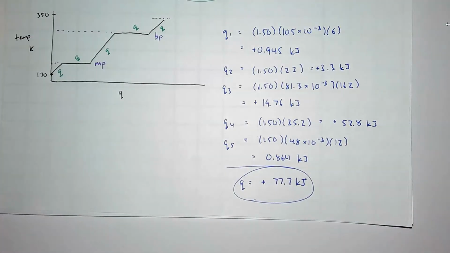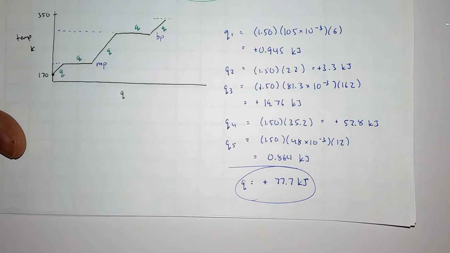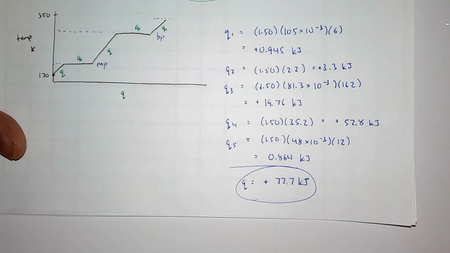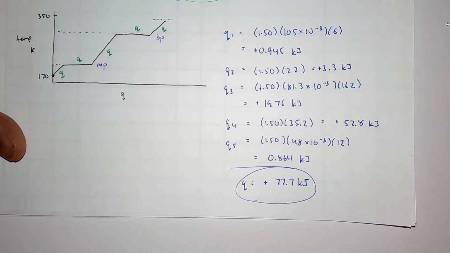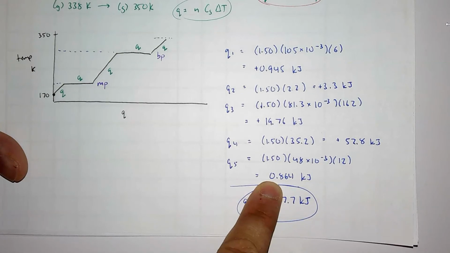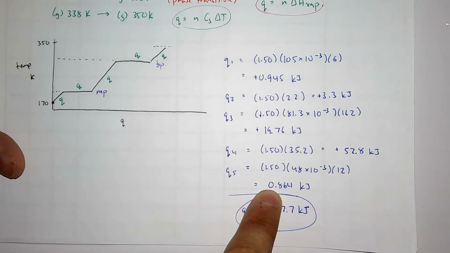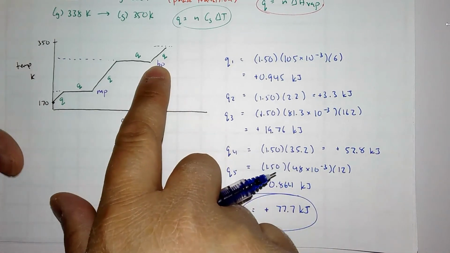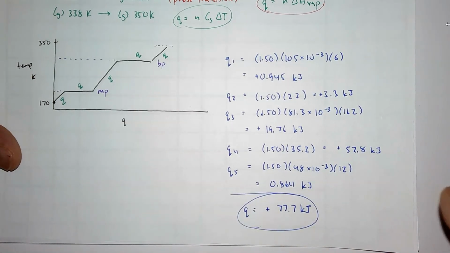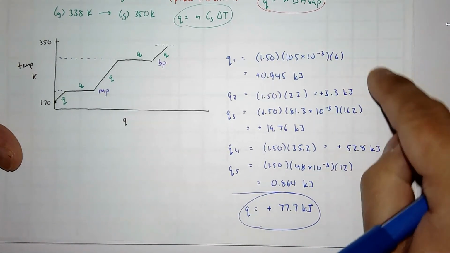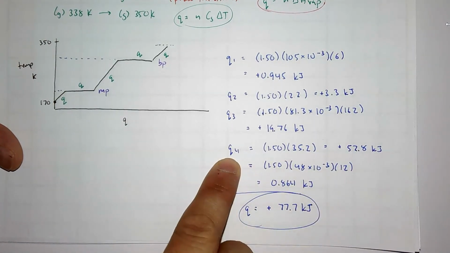Is there anything unusual? Or do you notice anything about these numbers? That's pretty small, right? Because we're not really changing the temperature that much. The biggest Q actually is Q4.